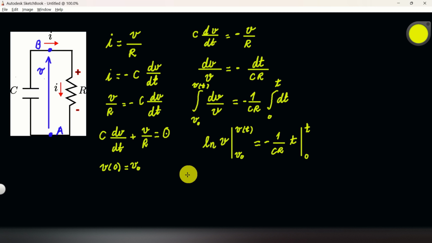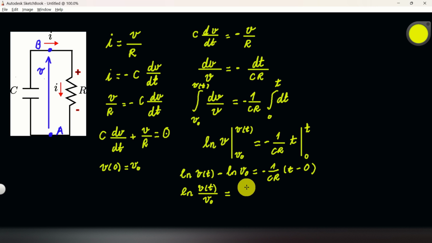If we substitute the bounds, we have ln of V of t minus ln V of 0 is equal to minus 1 over CR, and the bounds are t minus 0. And that's it. Now, we can write the left-hand side like this, ln V of t over V0, and on the right-hand side, we have simply minus 1 over CR, multiplying t.